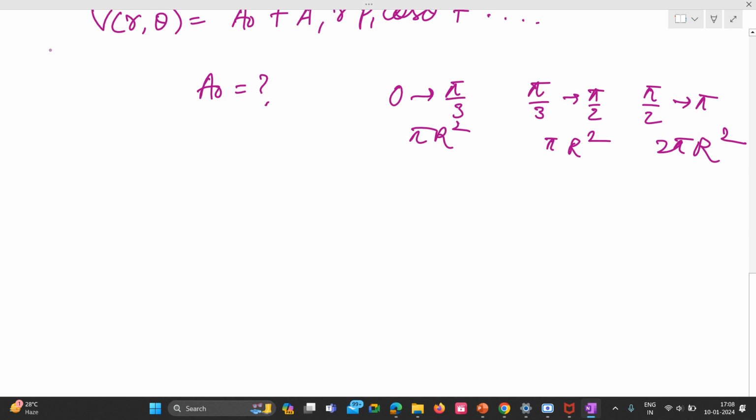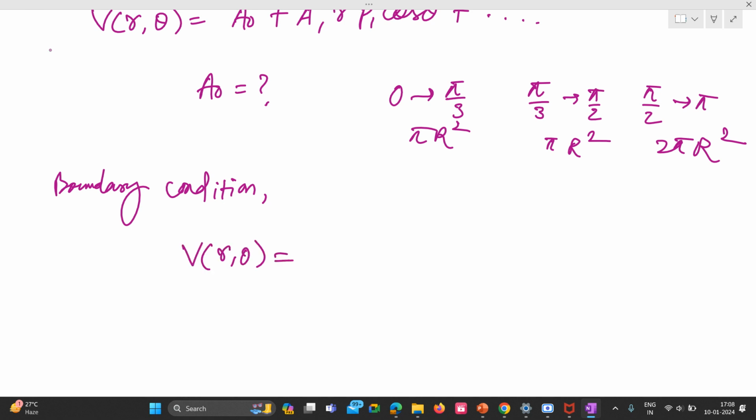So let's apply the boundary conditions. What are the boundary conditions? The boundary condition would be V(r, theta) equal to phi naught, 2 phi naught, 4 phi naught, isn't it?